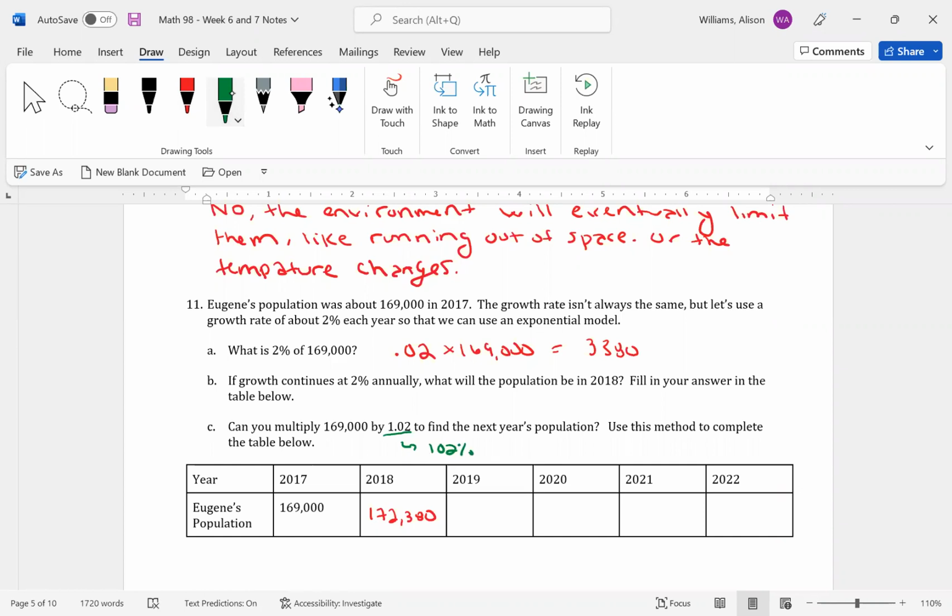So what they're doing is they're taking the 2% annual increase and adding it to 100%. So they're increasing the population by exactly what it normally is, which is 100% plus that extra 2%. So if I multiply by 1.02 from here to here, we should be able to figure out how much the population is going to grow each year.